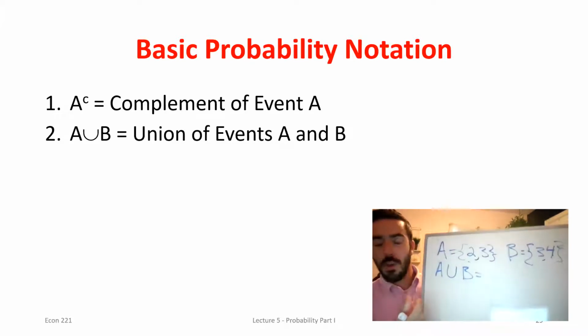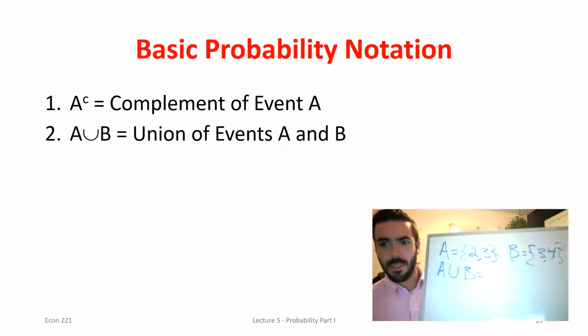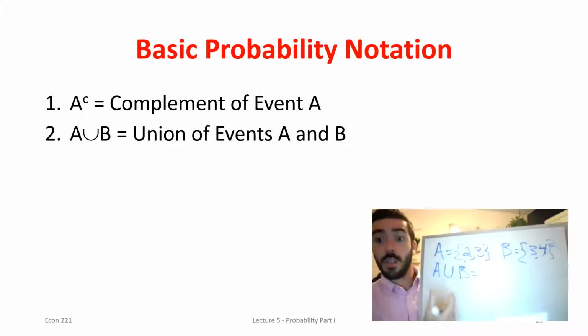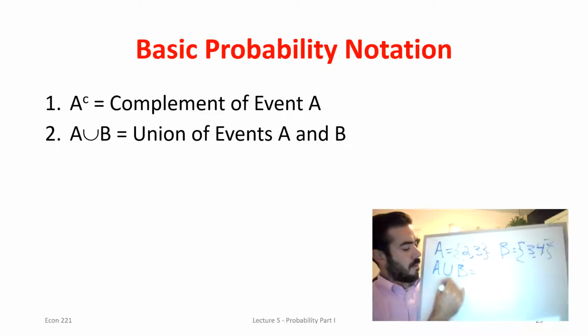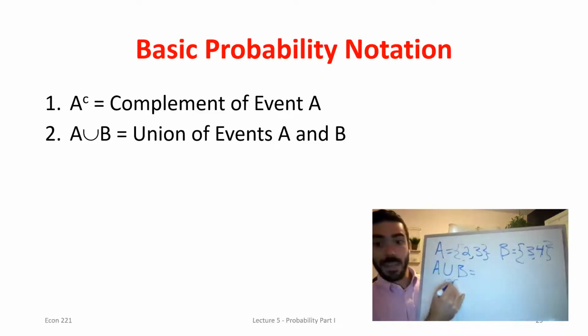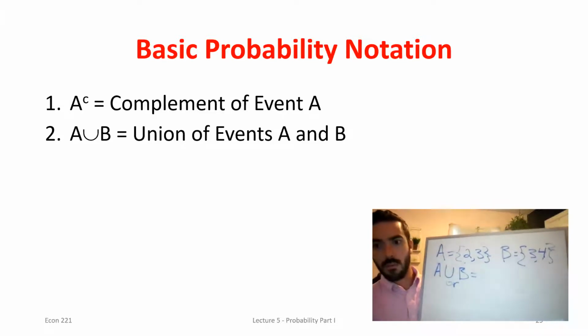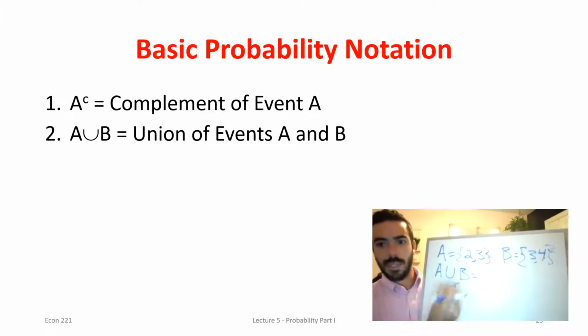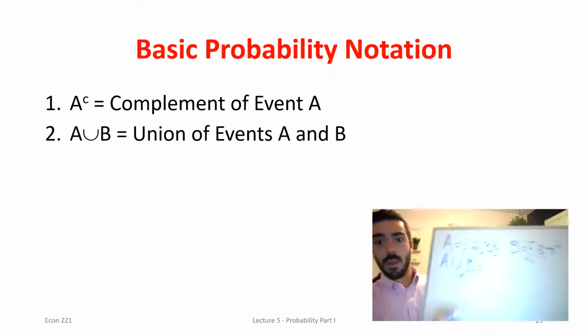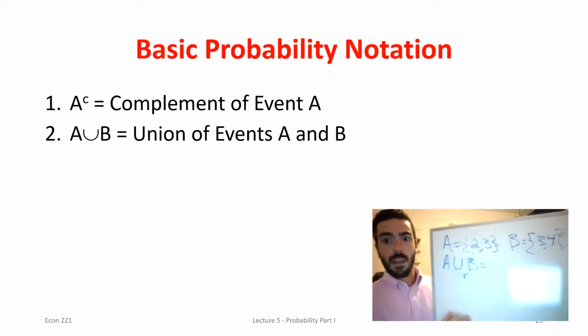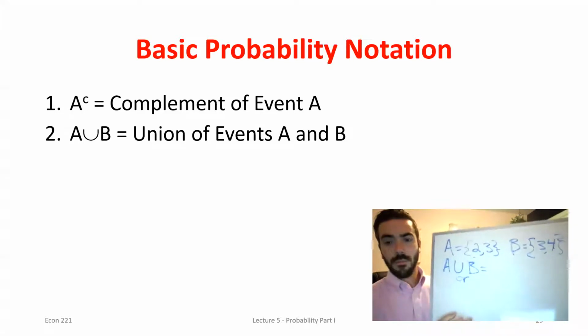It's not actually a U, but for all intents and purposes in this class, think of it as a U. It means this is the union of the two events. Or another way we can think about it is it's in either A or it's in event B. That's how we read that sign. Is it A union B? Or you can think about that as, is it in A or is it in B?